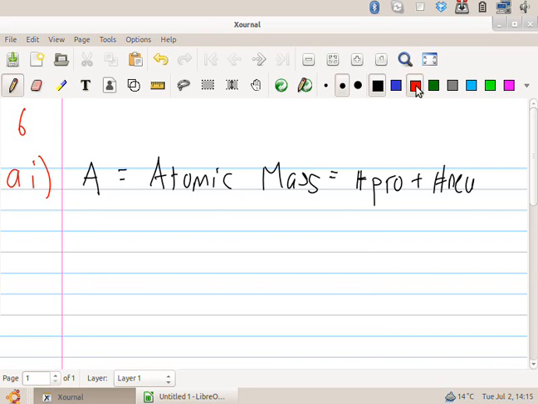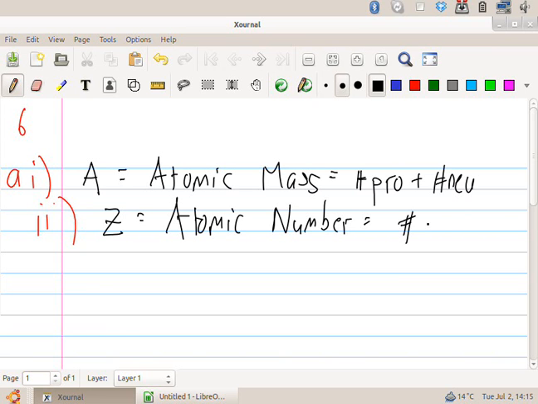Okay. And then what is the Z? Atomic number, which equals the number of protons. 2 easy marks.